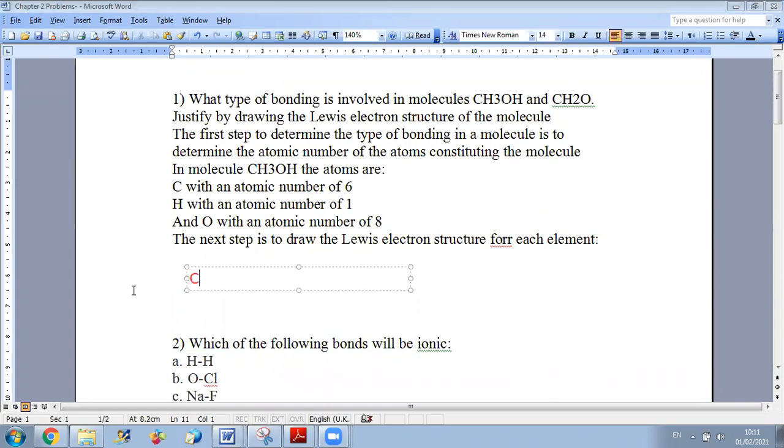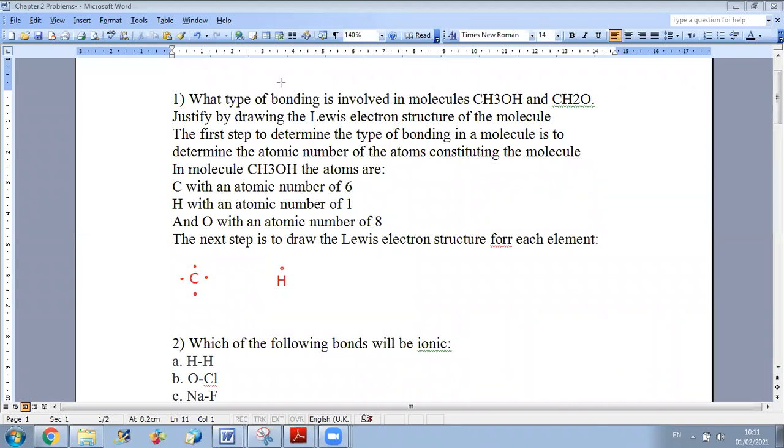for C, I just put 4 dots, since the first orbit will include 2, and the remaining electrons will occupy the second orbit. So I have 4 dots. For H, it has just 1 electron, because the atomic number is 1, so it's 1 electron on its first orbit.